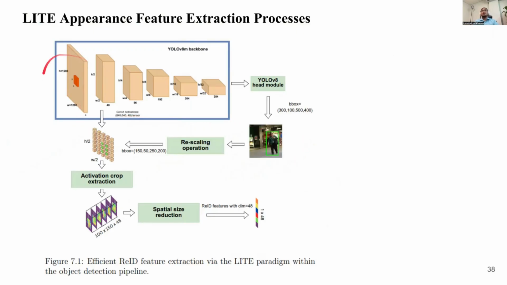If you see this basic YOLO backbone, it has convolutional layers, right? When you have the input image of resolution 1280 and pass it through this CNN, it will be downsized, and then there will be a separate YOLO head module, and then it will output detections, where each object is.